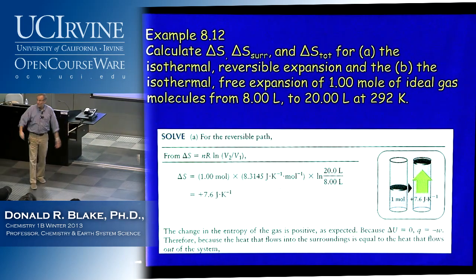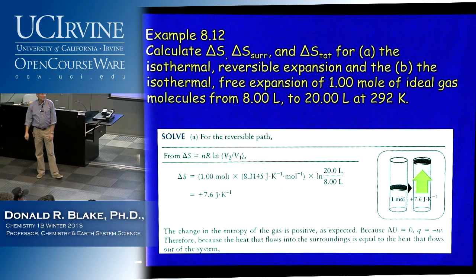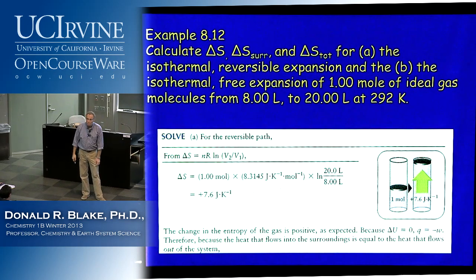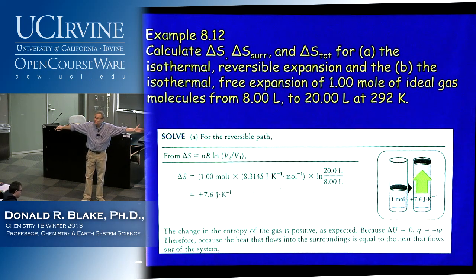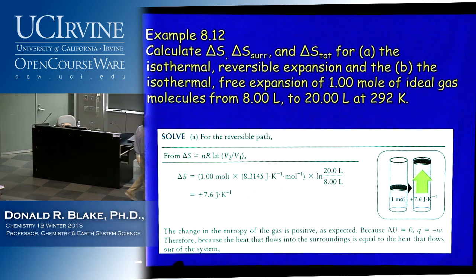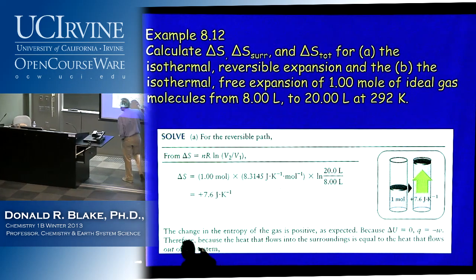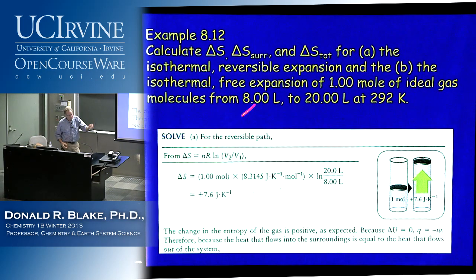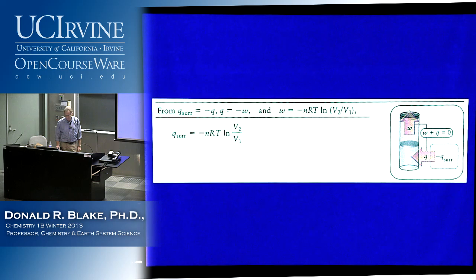If I said that the delta S of the system was plus 86.2 joules per degree, it's isothermal reversible, I could ask what is delta S total, so it has nothing to do with the numbers I gave you. Or I could ask you, what is the delta S of the surroundings? So easy answer, folks, when it is at equilibrium and reversible.